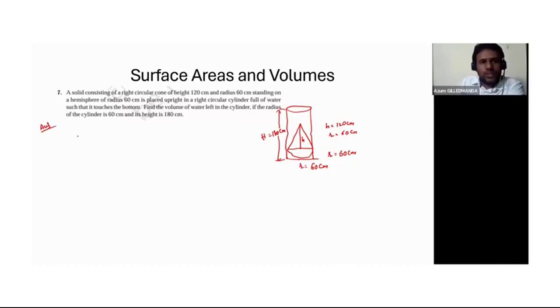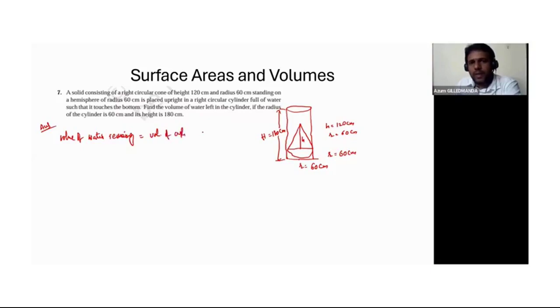Very simple. If we understand the problem and draw the diagram, the volume of the remaining water is the volume of the cylinder minus the volume of this solid.